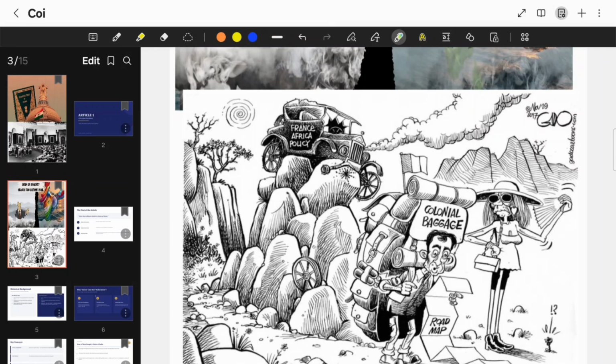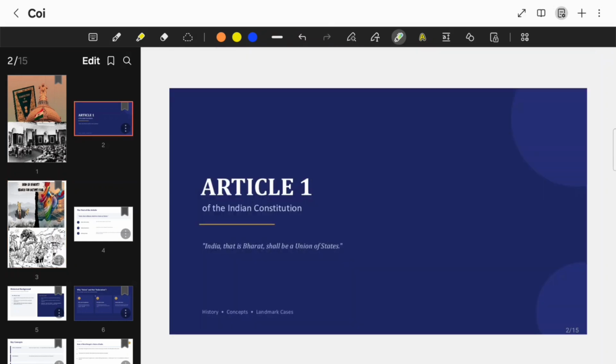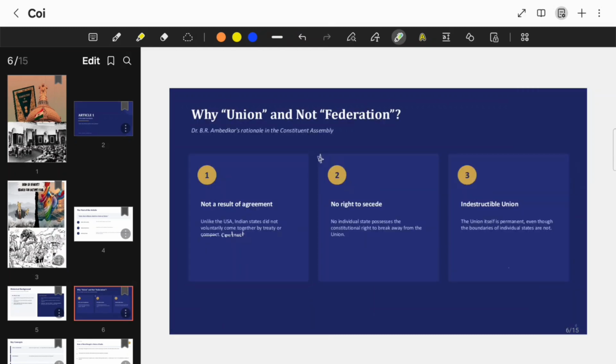Further, stating it as a union of states was considered a masterstroke, because this is where Article 1 becomes genuinely brilliant and where most people underestimate its precision. Why was it considered a union and not a federation? As stated by Dr. B.R. Ambedkar in the Constituent Assembly: the union is the union because it is indestructible.